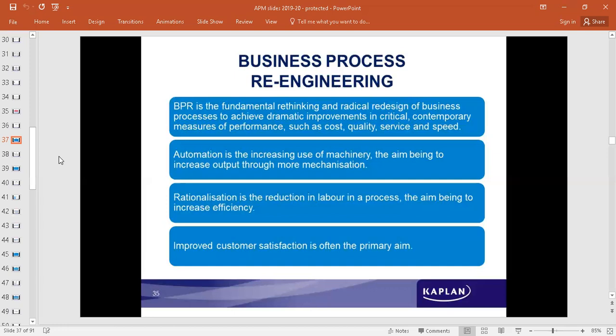BPR is the fundamental rethinking and radical redesign of business processes to achieve dramatic improvements in critical contemporary measures of performance. But why is there a need for radical change, radical redesigning? See, in organizations where, for example, the work is carried on manually, no matter how many improvements are brought about in that manual work, it is definitely not a match to automation, to adopting technology.